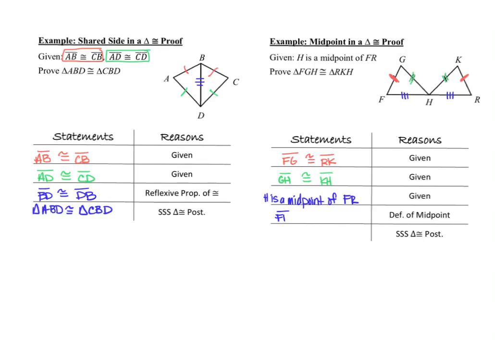So segment FH is congruent to segment RH, and that's just the definition of midpoint. So now that we've proven that all three sides are congruent, we can say that triangle FGH is congruent to triangle RKH by the side-side-side triangle congruency postulate.